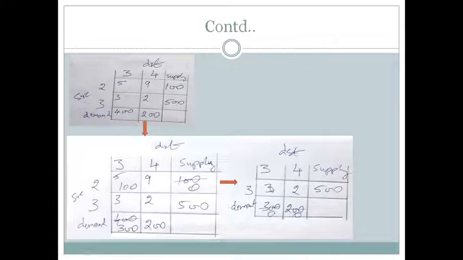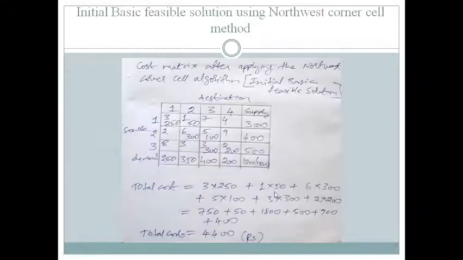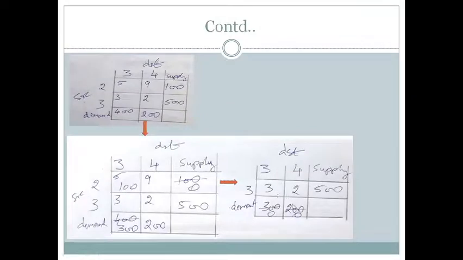Whatever the cost is with the corresponding column, you directly put those values into the corresponding cells here. So this 300 value is added to C33, and the 200 demand value is added to cell C34.